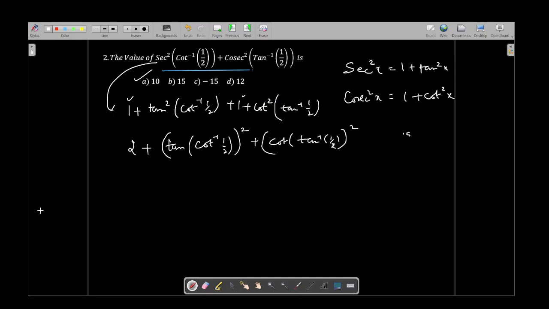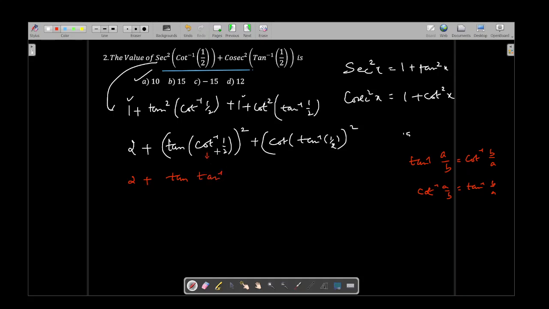This is 2. Now we know that tan inverse of a by b I can write as cot inverse of b by a. Similarly, cot inverse of a by b I can write as tan inverse of b by a. So in order to cancel these two, I have to write this in terms of tan inverse.